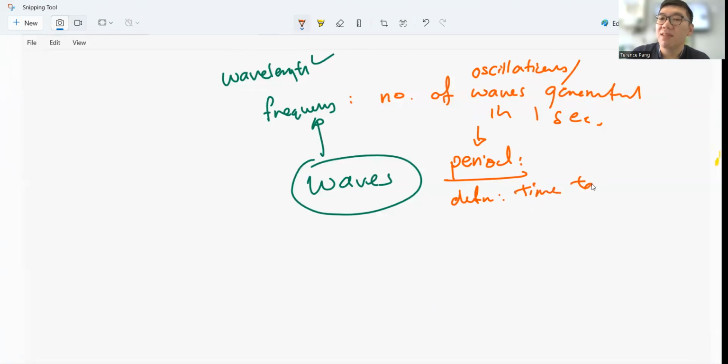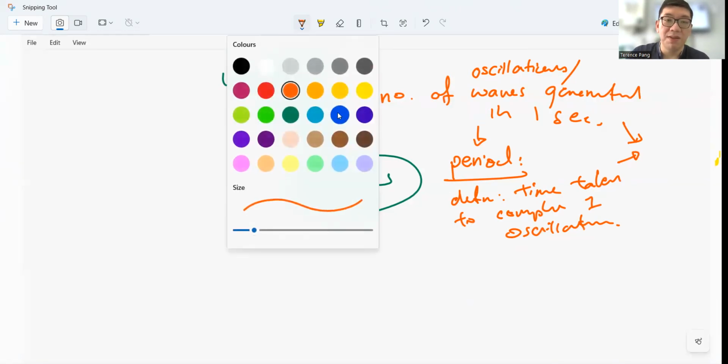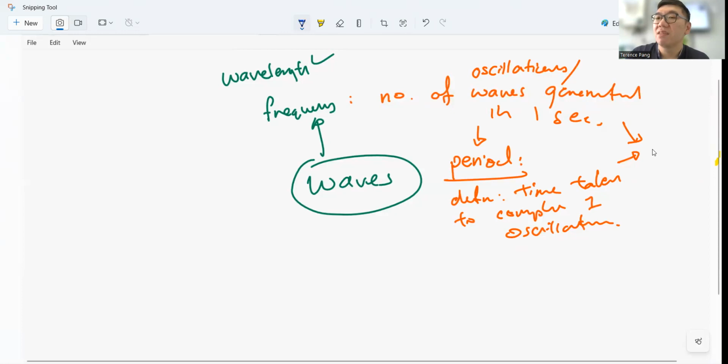Time taken to complete one oscillation or one wave. Okay. Now if you combine these two, you can draw two arrows here. What's the mathematical formula for it?